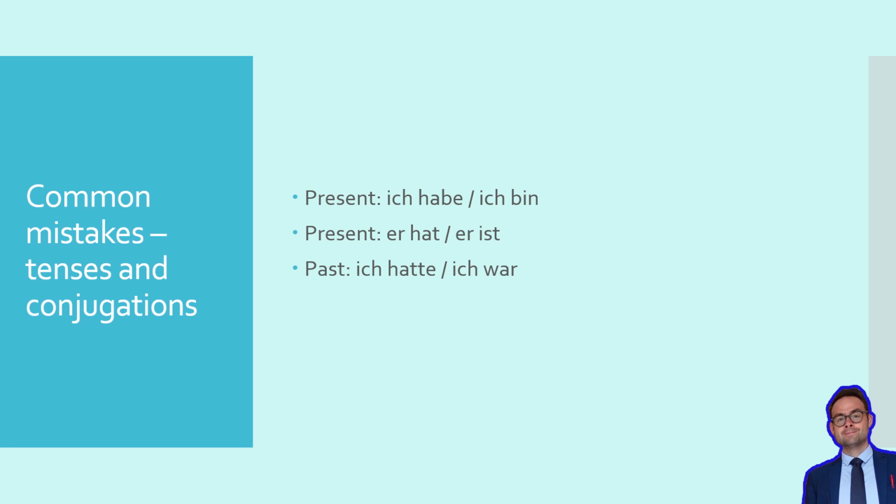And this is where sometimes the hatte and the hat get confused. And in the past, hatte, or sie hatte, or war, or sie war. That's the same. So I had, and he had, she had, is the same form in German for I and he and she. Ich hatte, ich war, war.